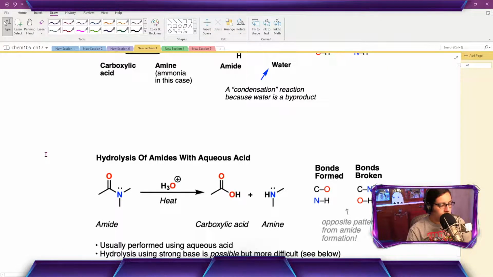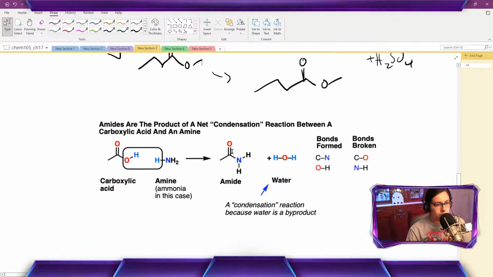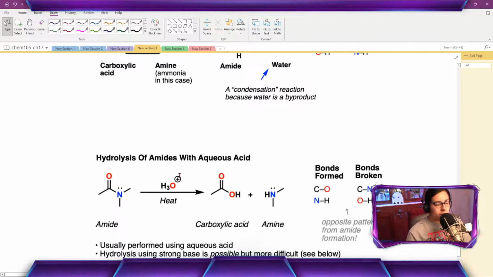And so in this process, now we start with an amide. Notice that that's what we formed from our amine plus our carboxylic acid. We formed an amide. But then we could take this amide, react it in the presence of acid and heat, and form our carboxylic acid and our amine.